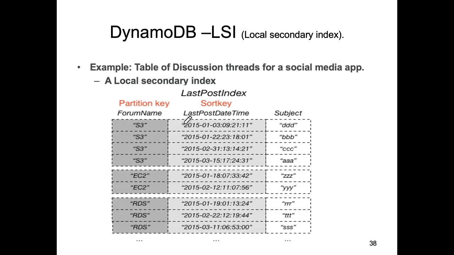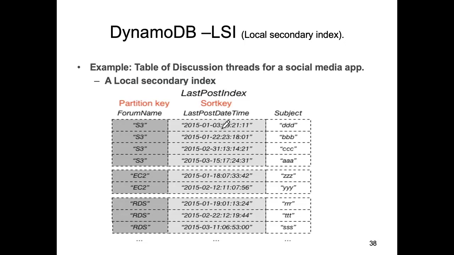We're storing date here as a string. DynamoDB doesn't have a date type. So that's what LSIs are for. They allow us to query our table on different criteria using different attributes of the items.